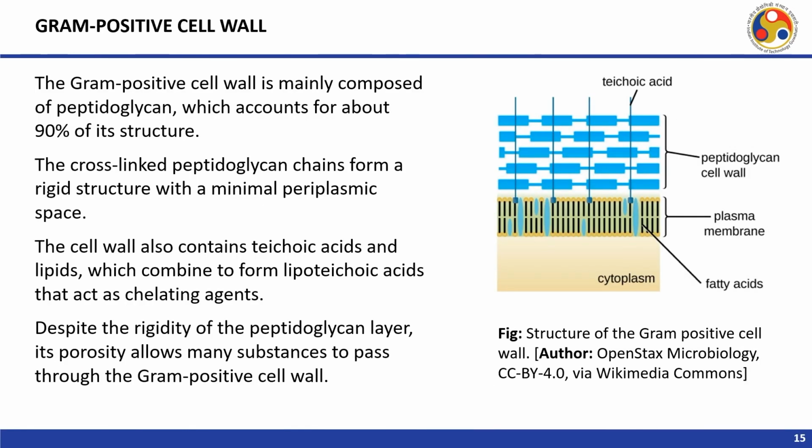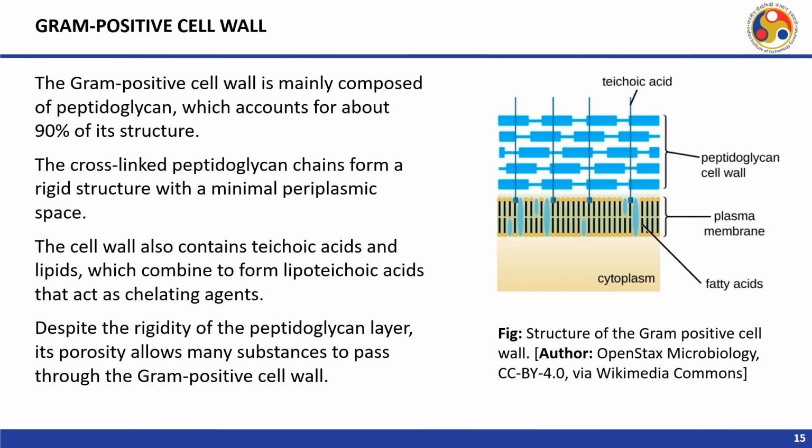The gram positive cell wall is mainly composed of peptidoglycan, which accounts for 90% of its structure. The cross-linked peptidoglycan chains form a rigid structure with a minimal periplasmic space.